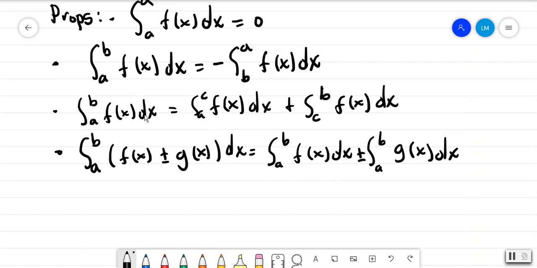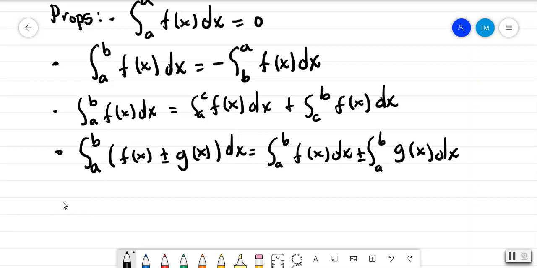So we have 1, 2, 3, 4, and let's see. Okay, so we have 0, partitions. Oh, okay.